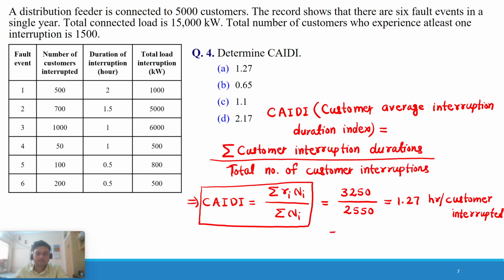If you want to calculate in minutes, then multiply 1.27 by 60, then it will give you 76.2 minutes per customer interrupted.